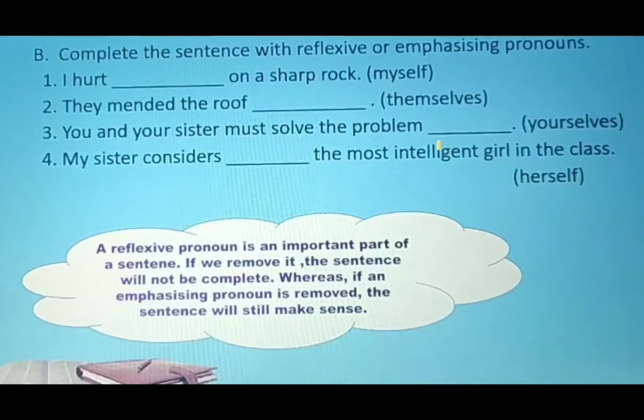My sister considers herself the most intelligent girl in the class. If I remove herself, it won't make any sense: My sister considers the most intelligent girl in the class. That is not a complete sentence. So that is the major difference between reflexive and emphasizing pronoun. Hope that is clear. Let's move on to the next question.